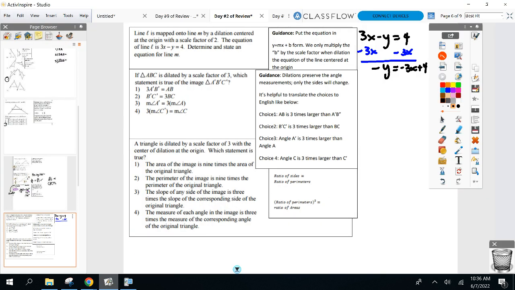How do I get that negative out of there? It's -1 times y. So how do I get rid of the multiplication? Well, if I add it over, it's gone, right? There's a -1 in front. So how do I get rid of that -1? Divide both sides by that -1. So y equals 3x minus 4.